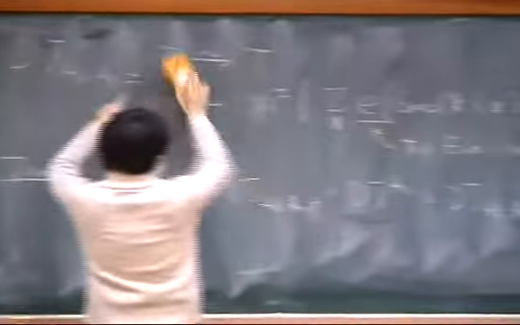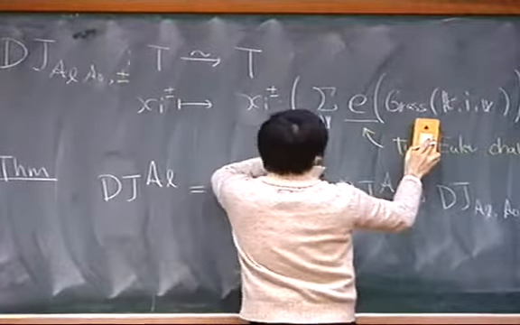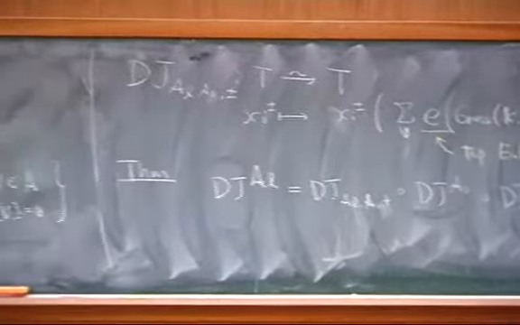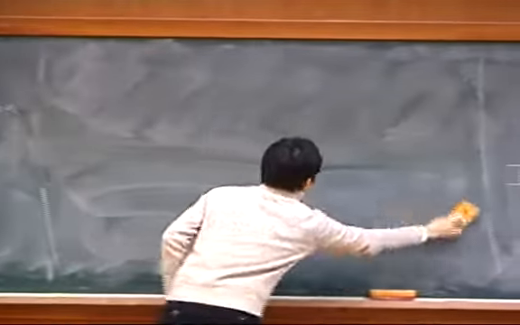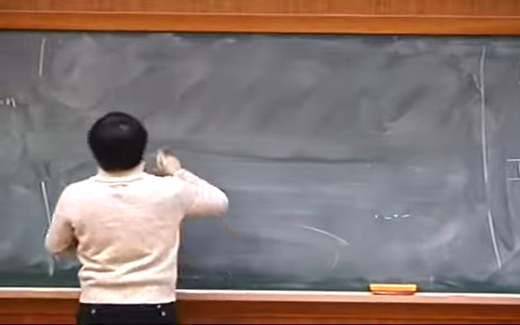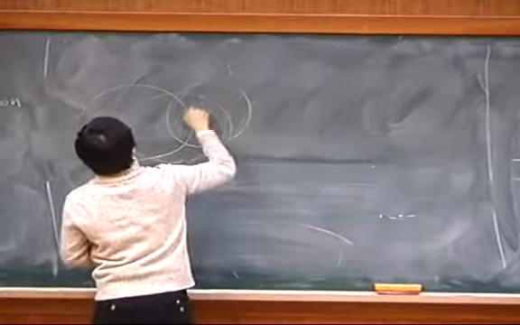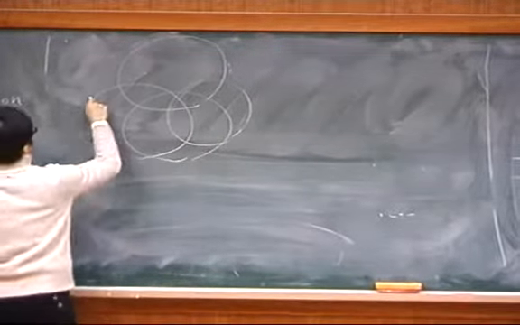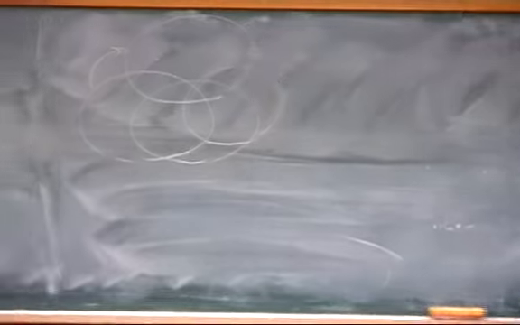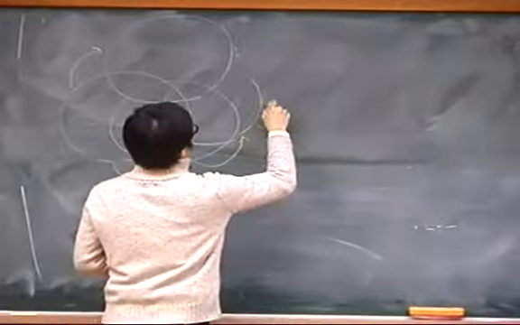Applying this formula for a length 1 sequence, we get the cluster transformation formula. So I wrote such a picture. If we apply this theorem from here to here directly, this is the left-hand side, and the right-hand side is where we apply the formula successively.